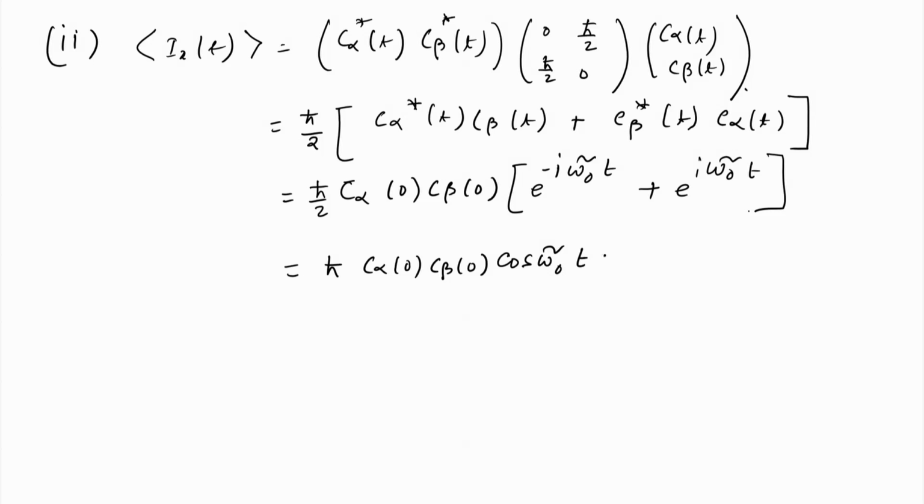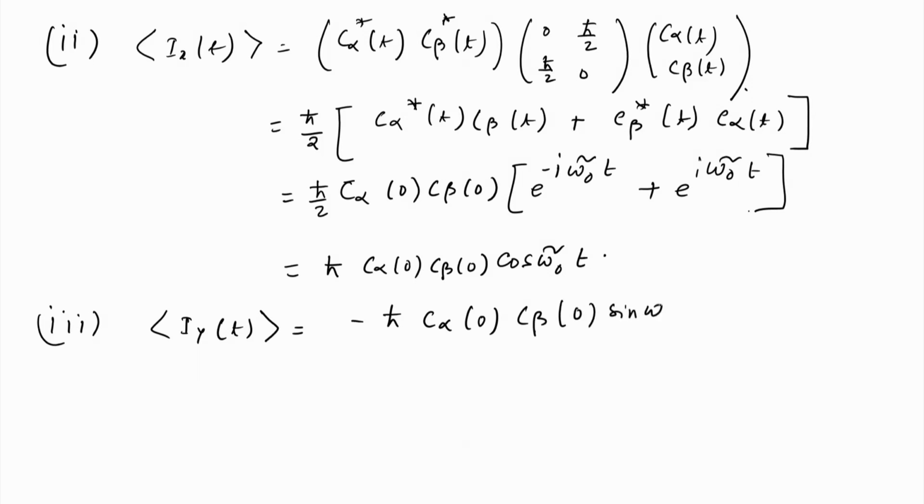Similarly, one can get that for the y component. So, Iy(t) is equal to minus ħ Cα(0) Cβ(0) sine ω₀t. So, the x and y components oscillate with time, while the z component remains constant, and they oscillate with a shielded Larmor frequency ω₀.